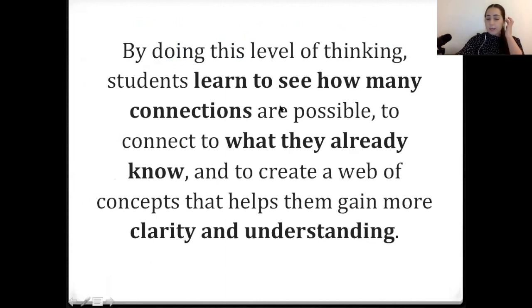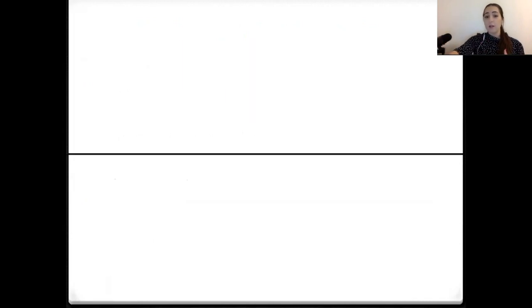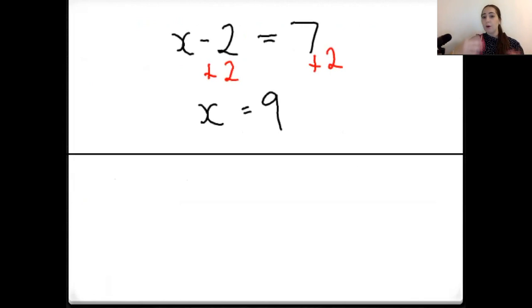Okay, so let's look at an example of how we can link what we already know to what we don't know, or to what we're trying to know. So I give the basic example of your algebraic equations. This is finding x. So you know that when you have to find x, you're getting x onto its own.